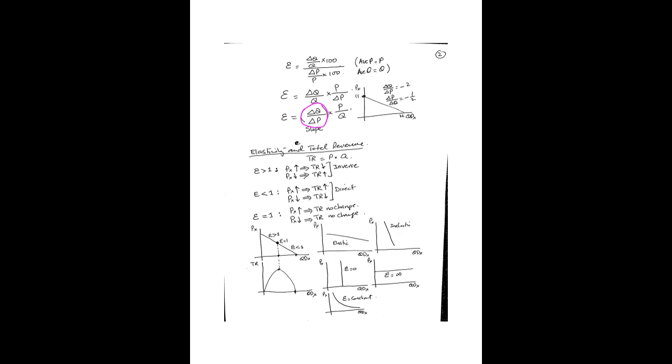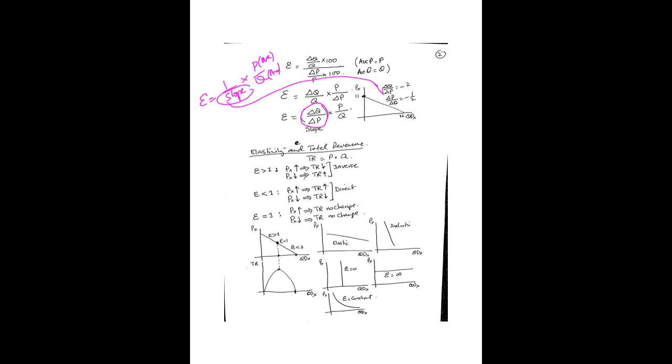If you want to use the slope of the demand curve, then you have to take the reciprocal. So you write the formula like this, epsilon equal to 1 over slope times P over Q. And P is average. And Q is also average. So this slope in 1 over slope is the slope of the demand curve, not demand function.